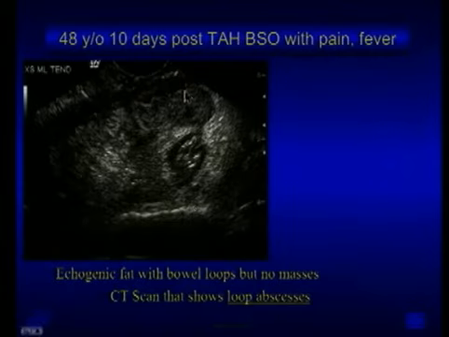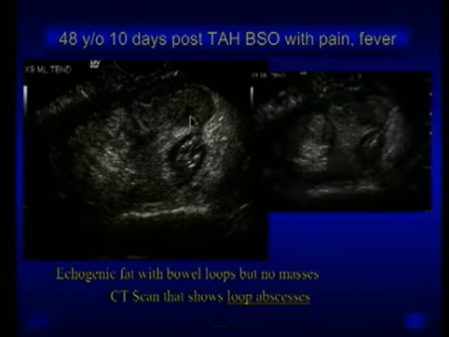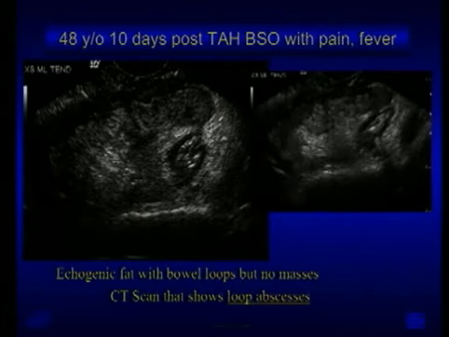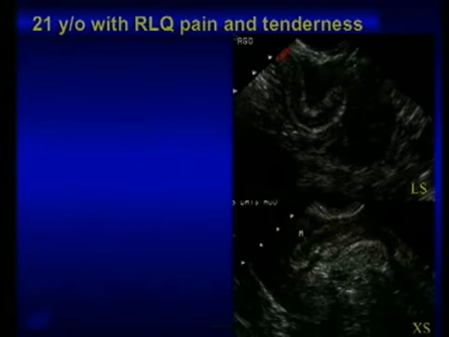Now this patient has abscesses within loops of bowel. May be very difficult to see. All you're going to see really is echogenic fat within the loops of bowel. And in the right lower quadrant, this patient had tenderness. They were wondering about ovarian torsion. There is the ovary, and there is the inflamed appendix sitting on top of it.